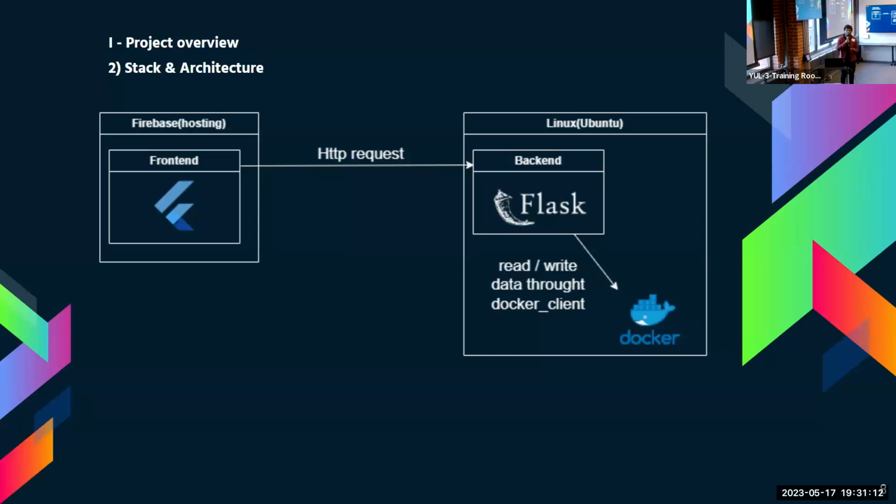I work mostly on a virtual machine. On my side, it's Linux. In order to communicate with the Docker installed on my virtual machine, I use a library named Python Docker SDK. This library was built in order to communicate with the Docker SDK on your system.